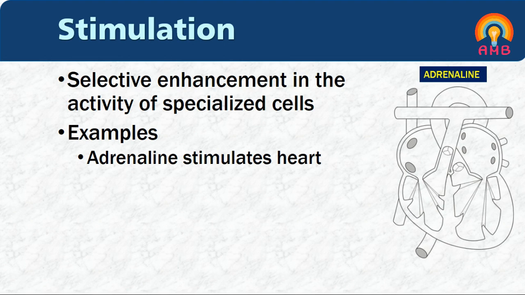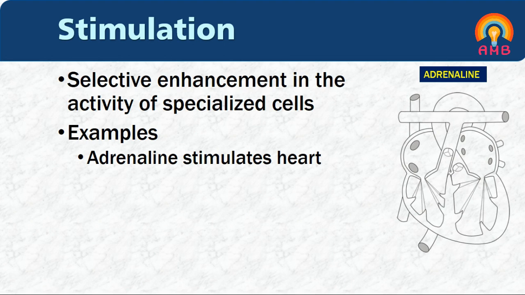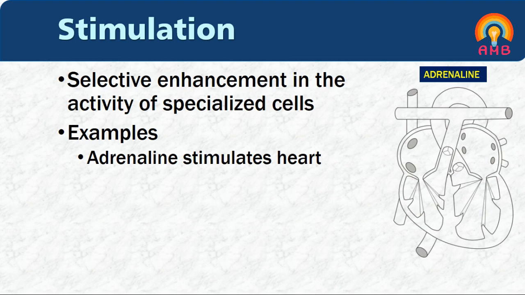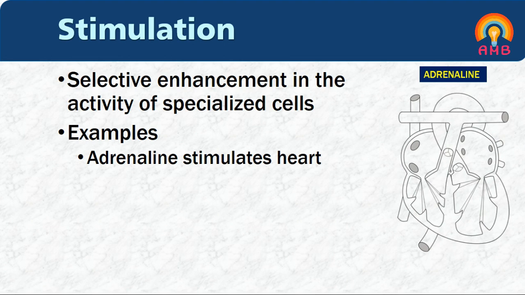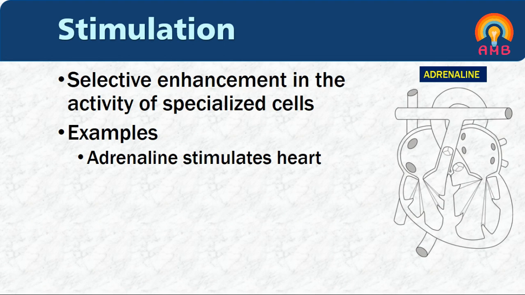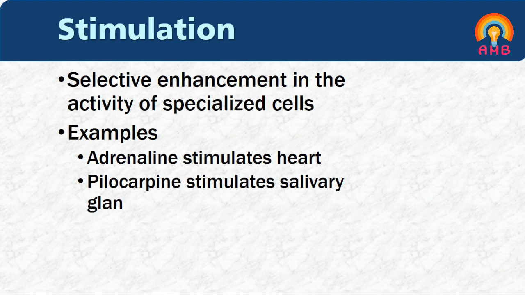So adrenaline is increasing the heart rate. That's why we can say that adrenaline stimulates the heart and increases heart rate. So that is the stimulation effect. Another example is pilocarpine. It stimulates salivary glands and increases salivary secretions.